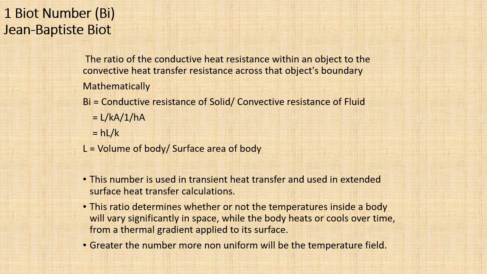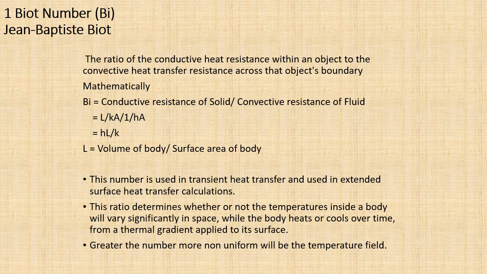Biot number is the ratio of conductive heat resistance within an object to that of convective heat resistance across that object's boundary. Mathematically, we can say that Biot number is equal to conductive resistance of a solid to that of convective resistance of fluid.